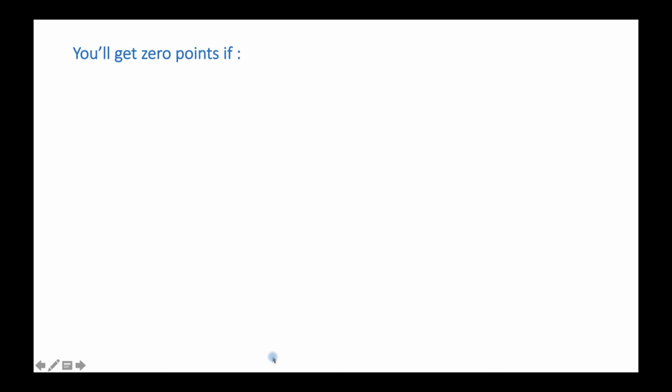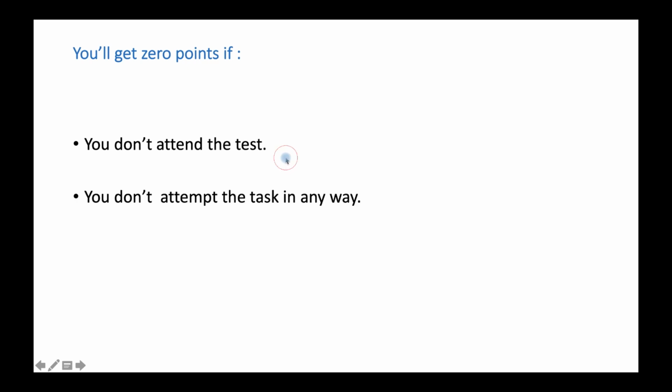And finally, you'll get 0 points if you don't attend the test. Well, if you just don't come to the test, of course, you'll get 0 points. If you don't attempt the task in any way, so it means that if you leave your answer sheets blank, if you don't write anything at all, that's what you're going to get, the 0 points. And if you write a totally memorized response. So some candidates think that if they prepare a memorized response, they'll get something.